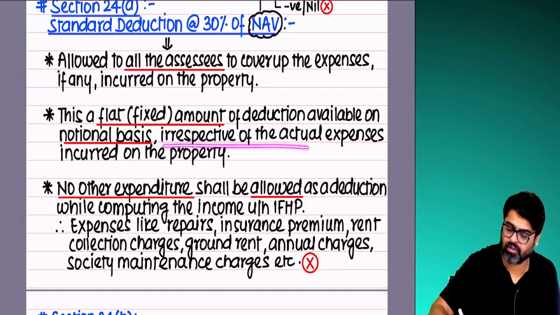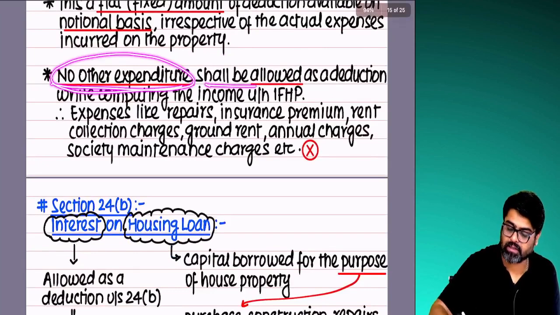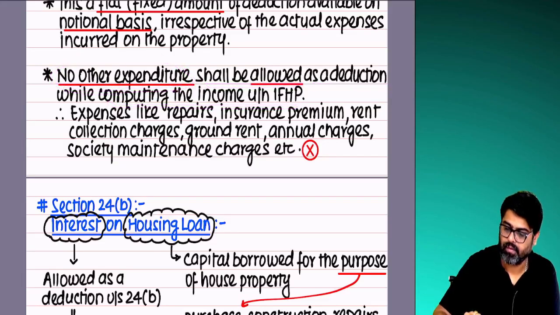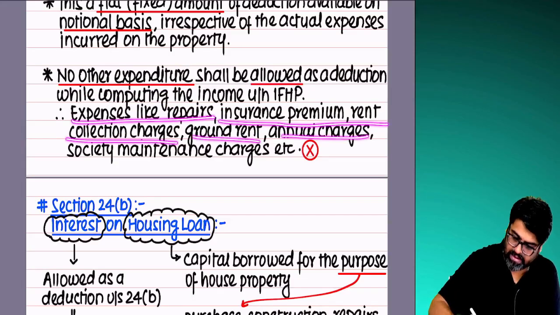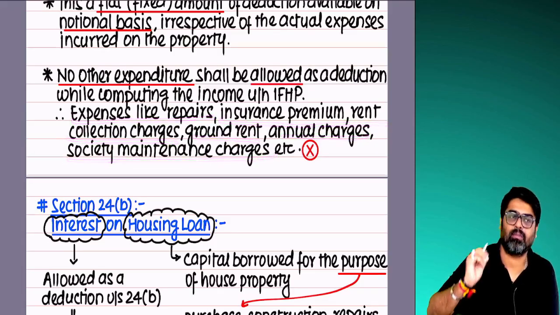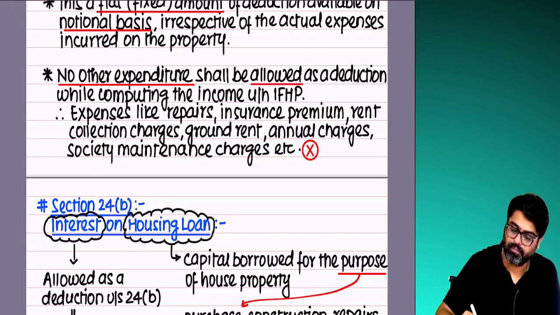Yes or no? Irrespective of the expenses incurred, no other expenditure shall be allowed as a deduction while computing the income under the head. Therefore, expenses like insurance premium, rent collection charges, ground rent, annual charges, society maintenance charges, whatever expenses, what will you do?